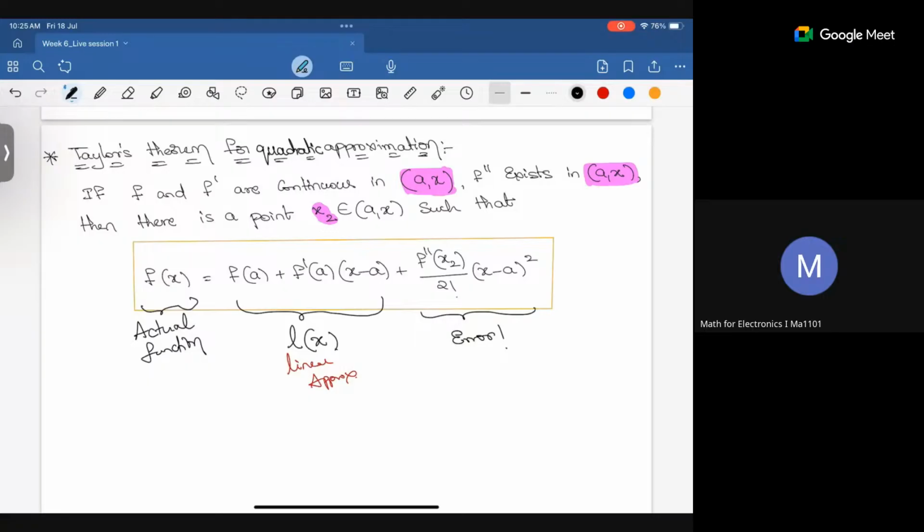In addition, we need f, f prime, and f double prime to be continuous in this interval a to x, and you know that f triple prime exists in this interval. Then there exists some point x3 such that you will have one more term coming into the picture.